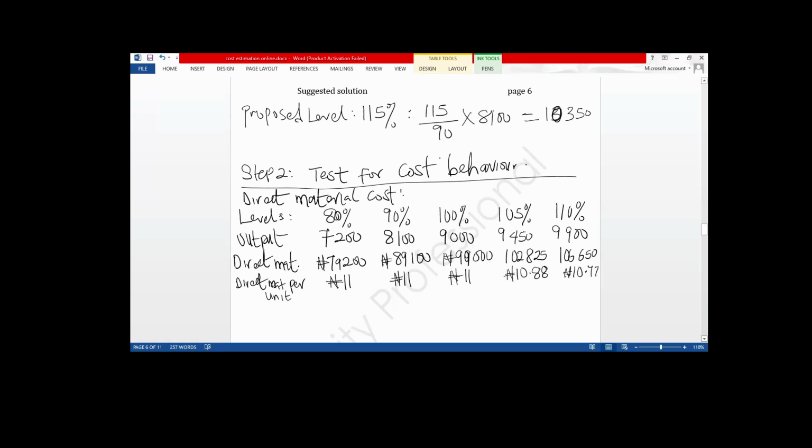It reduces. Thank you. This cost is still a variable cost. But there's a problem. As soon as production exceeds 100%, direct material cost per unit falls.